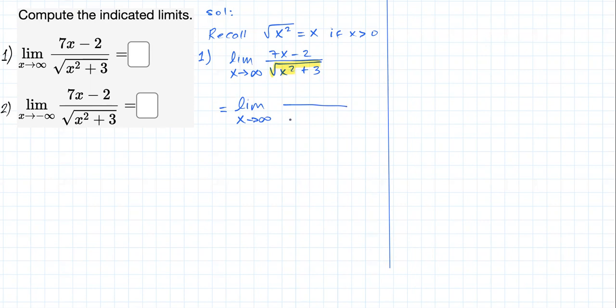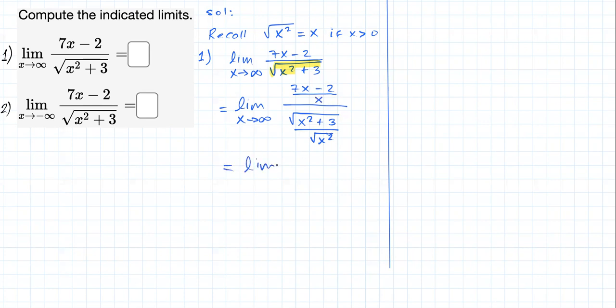So this will be (x squared plus 3) divided by the square root of x squared. And the numerator, 7x minus 2, must be divided by this quantity as well. But what is this quantity? Since x is positive, it's just x. So I'm going to divide this one by x.